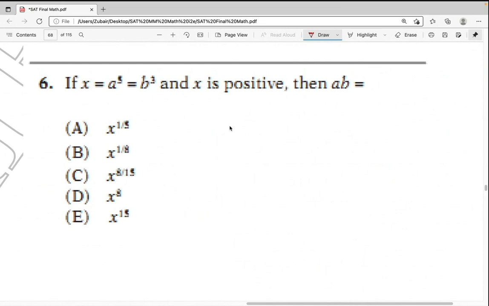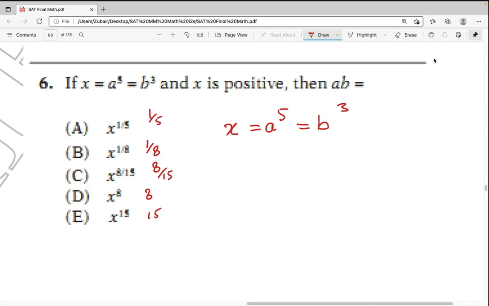Let me write that. Yes, it is a raised to power 5 and b raised to power 3. The options are 1 by 5, 1 by 8, 8 by 15, 8 and 15. These are the powers.